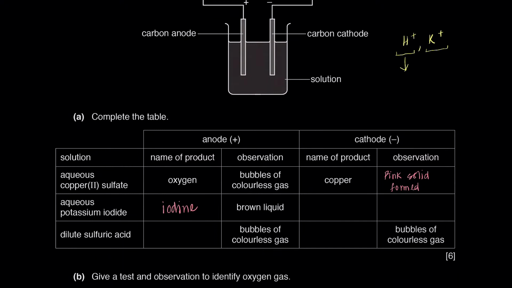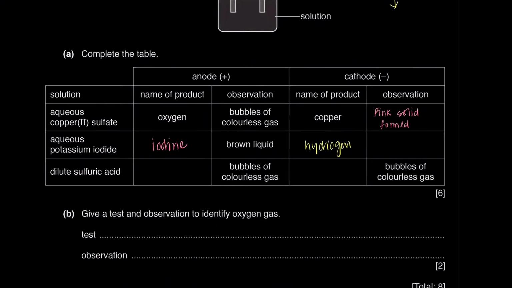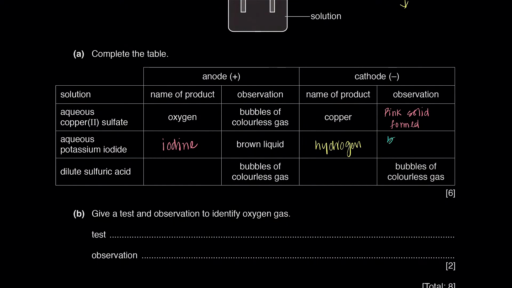So hydrogen will discharge. Name of the product will be hydrogen. And how will you see hydrogen? It'll be bubbles of a colorless gas. Unfair that they didn't give us enough room.